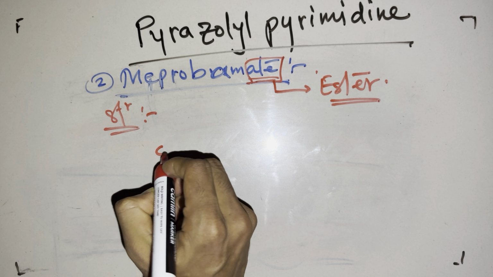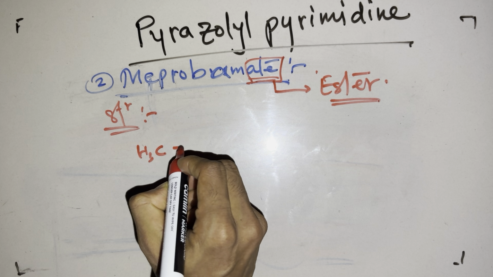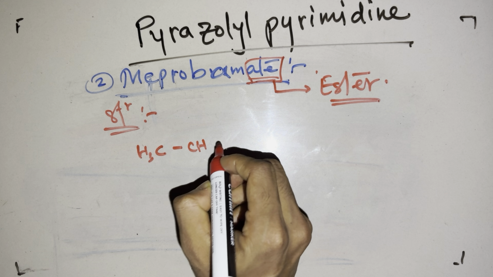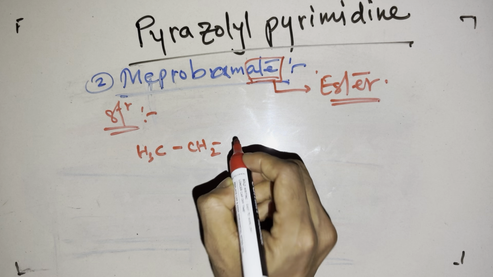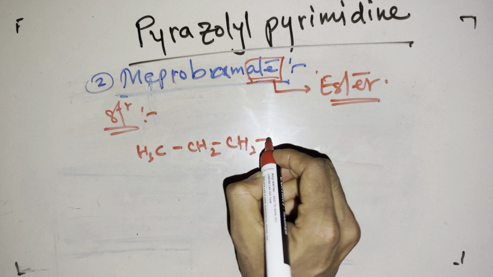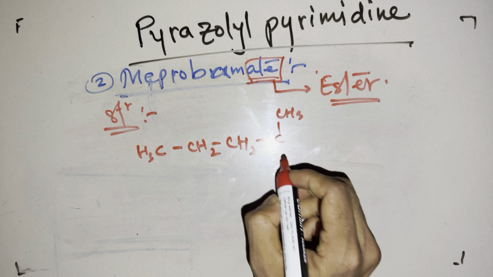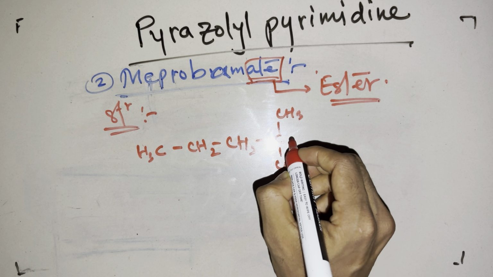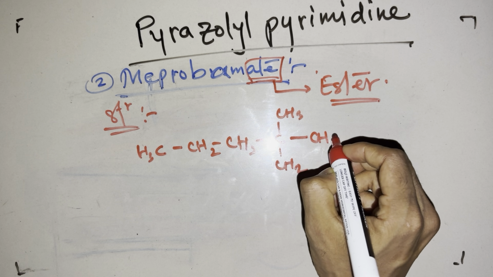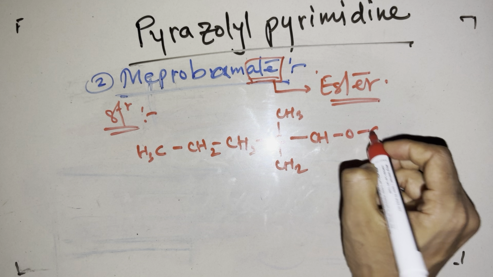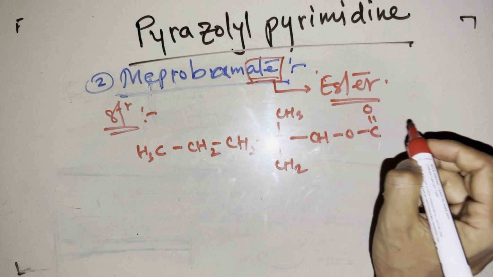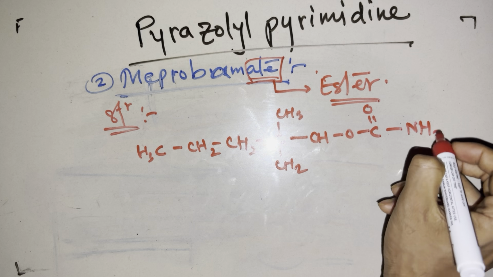So let's see the structure. Structure of meprobamate, CH3, then CH2, then CH2, then CH3, then CH2, then CH, single bond O, single bond C double bond O, single bond NH2.